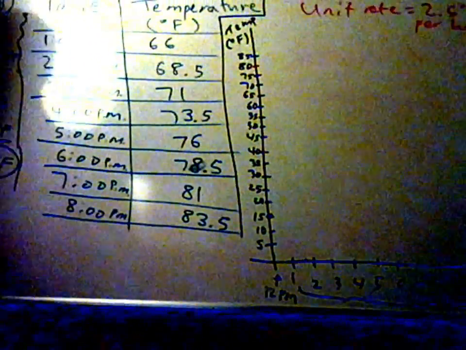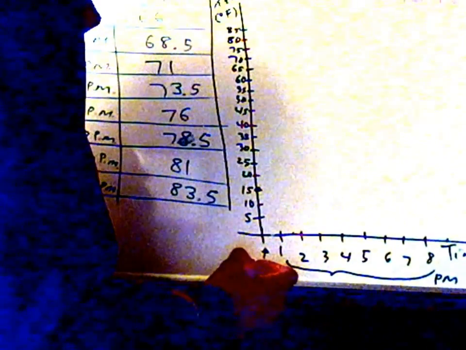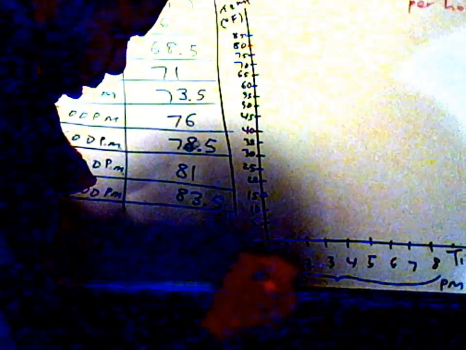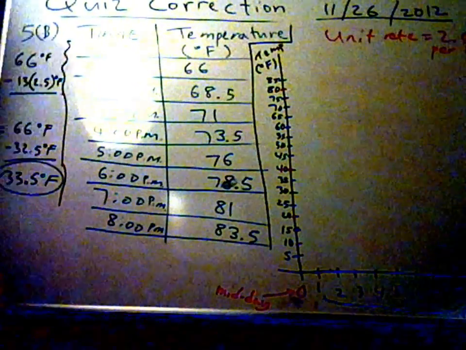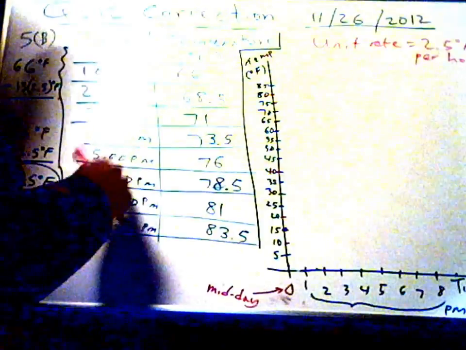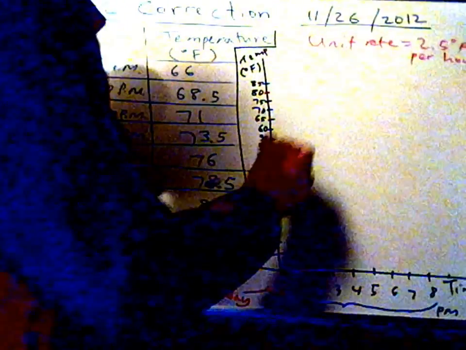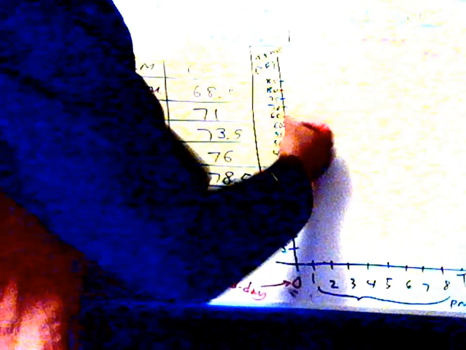Let's start plotting. Notice here that at midday, I'm going to count 12 PM as my 0, okay? So at midday, the temperature would have been 2.5 degrees less than 66. So that's going to be 63.5, which is going to be somewhere around here.